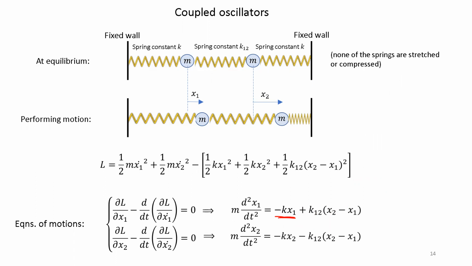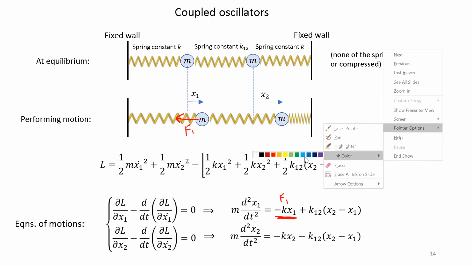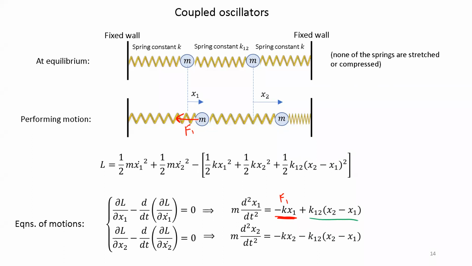So this minus k x1 obviously is this force, and this k12 (x2 minus x1) is this force. Similarly, you know how the other one works.